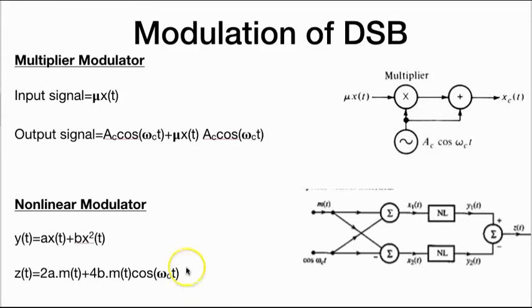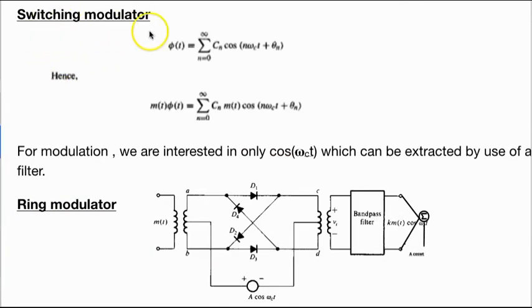That will become twice of the initial message signal, and 4 times of the initial message signal with a multiplication of cos omega ct. Now there is the switching modulator and a ring modulator. Not much has been asked. You can just go through the diagram and see how it functions and the basic calculations.